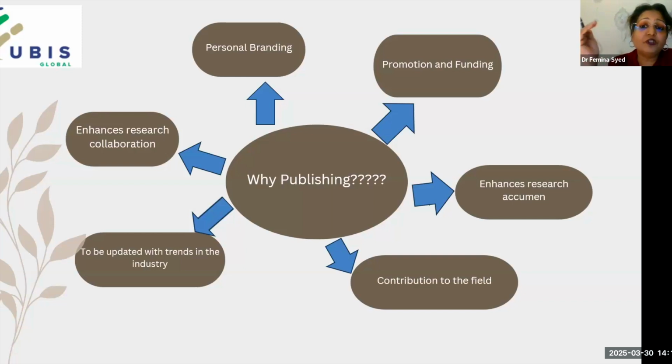Now, the fourth very important aspect is, when you publish, what you need to really think about is, how am I going to contribute to the broader domain? How am I going to contribute to the field? There is an article which was a pioneer in mediation analysis, put forward by Baron and Kenny in 1984.